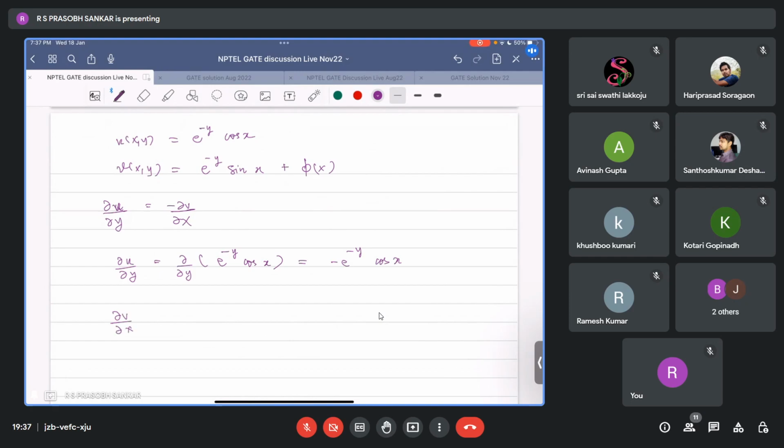Similarly, dou v by dou x will be dou by dou x of e raised to minus y sin x plus phi x. Did we miss any sign anywhere? I think it's okay.